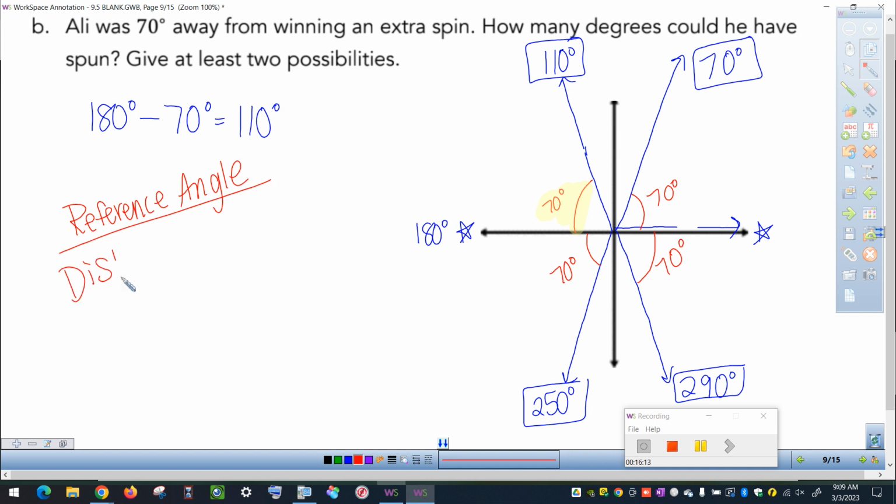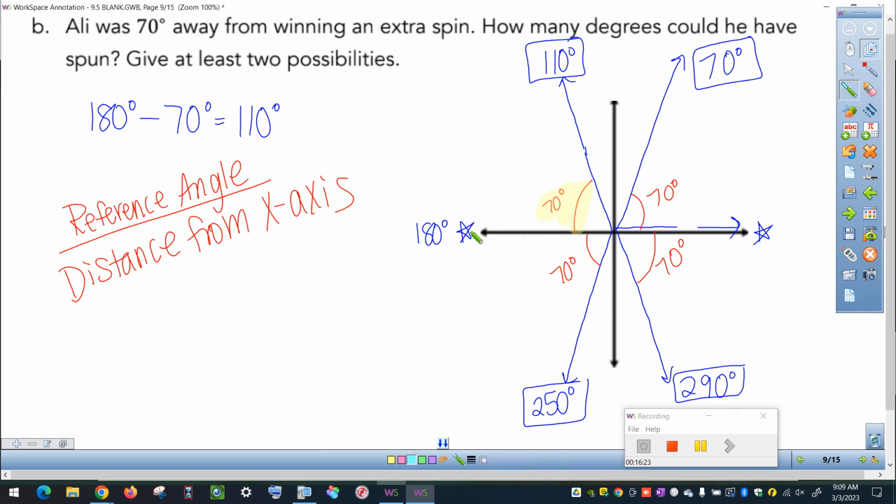All we need to know about a reference angle is this is the distance from the x-axis. The x-axis here is what was representing the extra spin. When you only measure the distance to the x-axis, it's a reference angle.